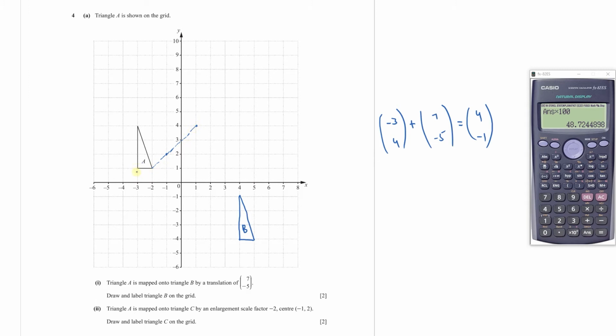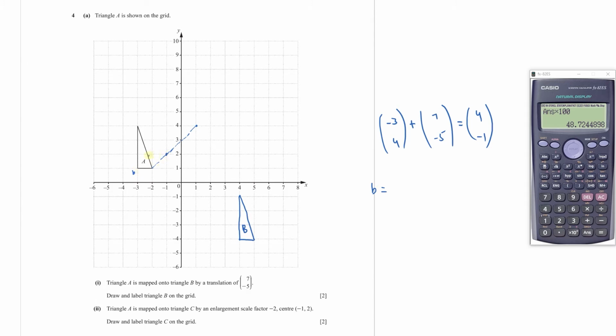The other way is you can use matrices again. So if you want to use matrices, you will take your center of enlargement as the origin. So if this is the center of enlargement, let me call this vertex here B. What are the coordinates of B compared to this?